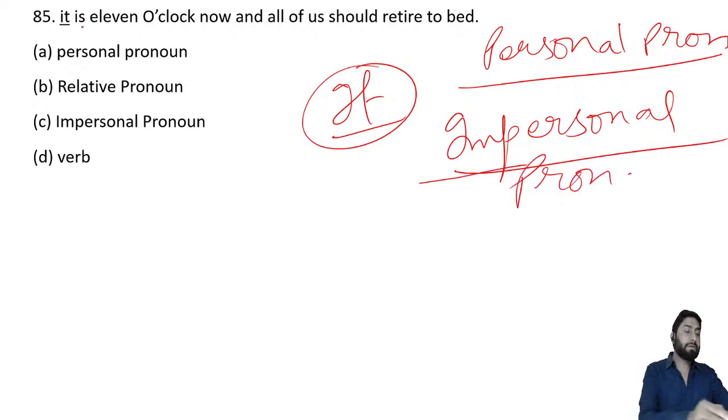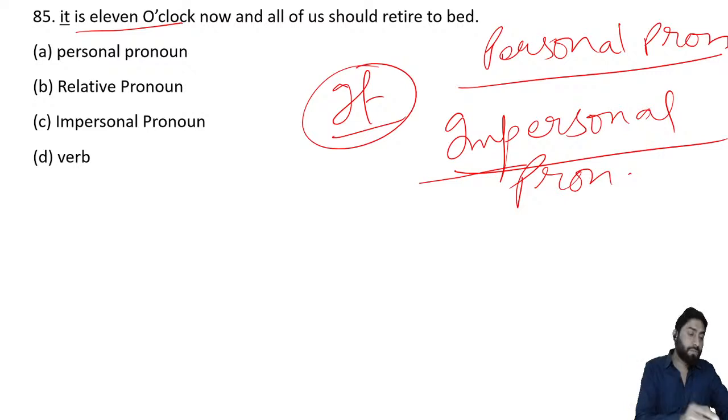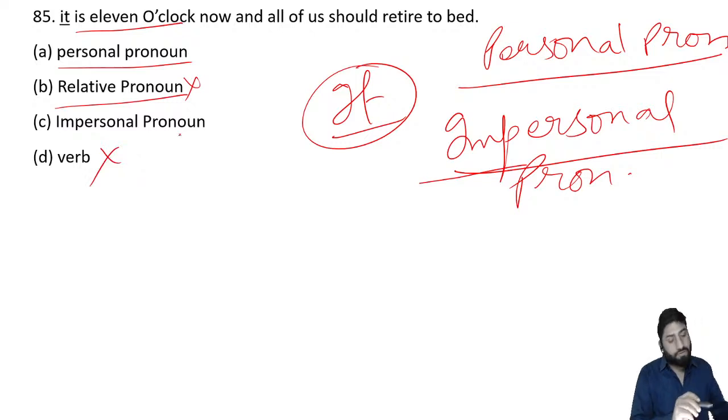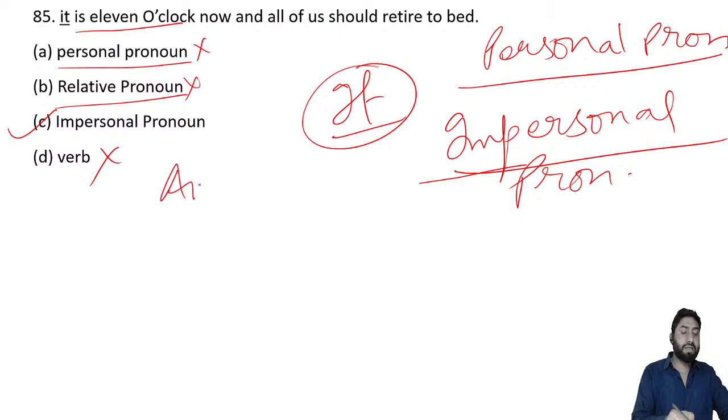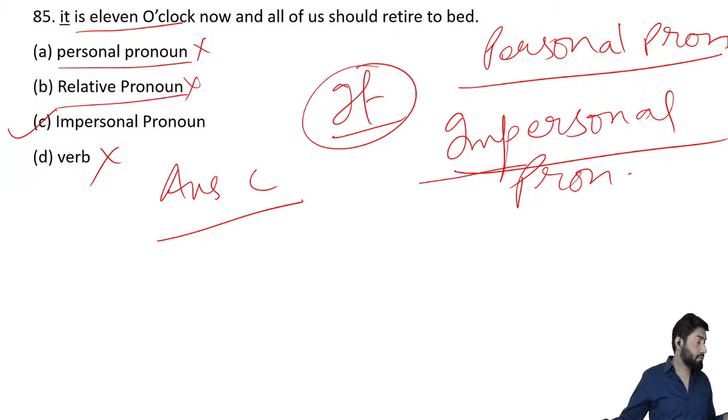We all know that. So it is 11 o'clock, so it is used here in impersonal sense. So obviously है pronoun ही, personal pronoun, relative है नहीं, verb है नहीं, personal impersonal. If you're confused, it's not being used as a person. It has to be C. So answer C, impersonal pronoun. Next. That's how it is, right?